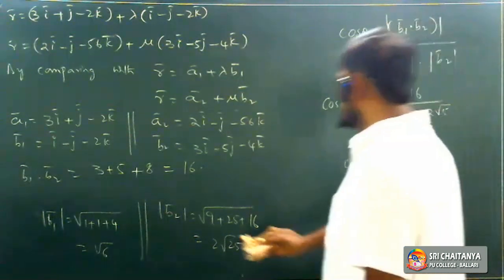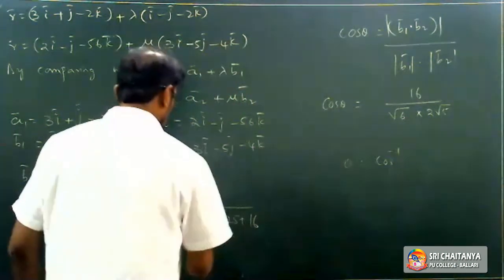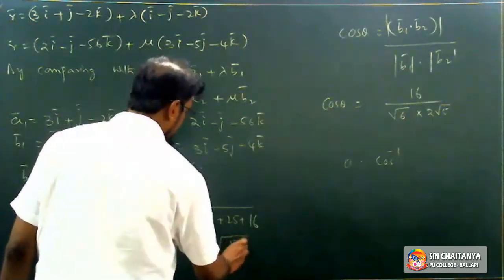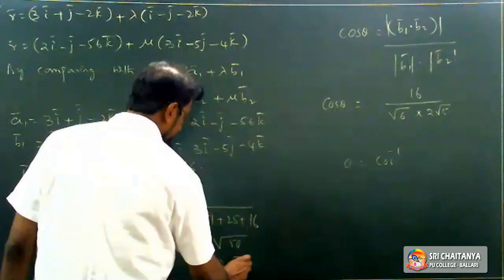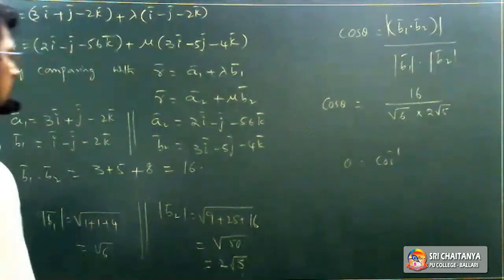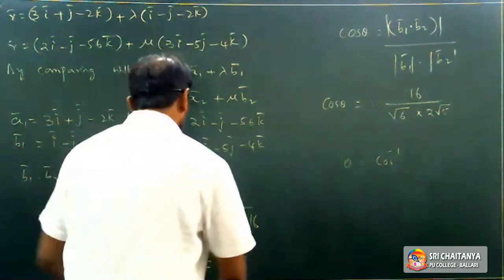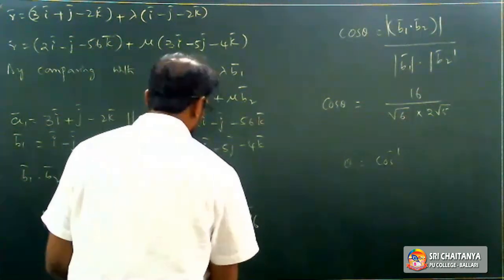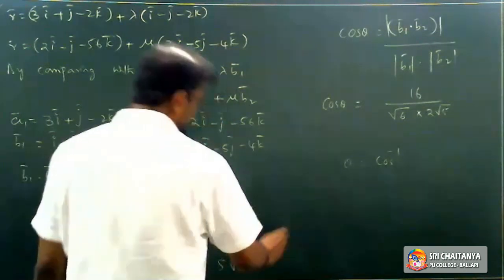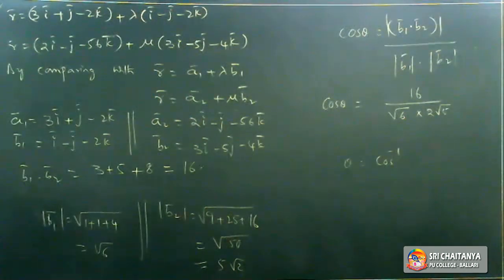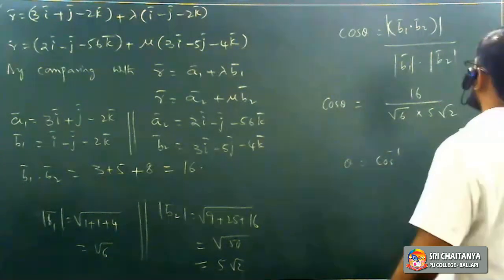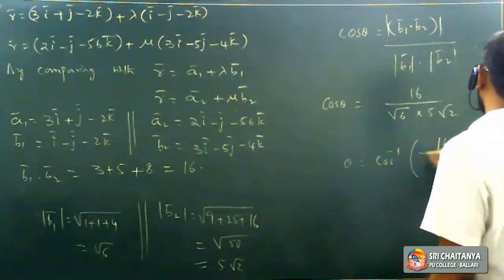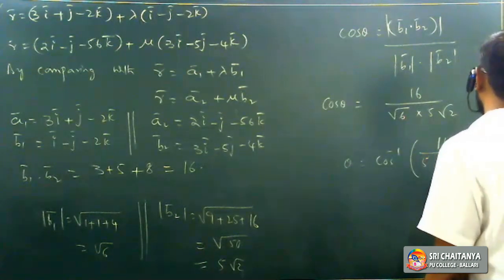Right? Now, or else you can write this one as root 50, right? 2 root 5. Observe, no. 5 root 2 you can write. Take it. 5 root 2. So you are going to get 16 upon 5 into root 12.